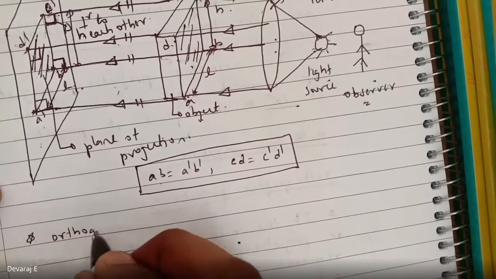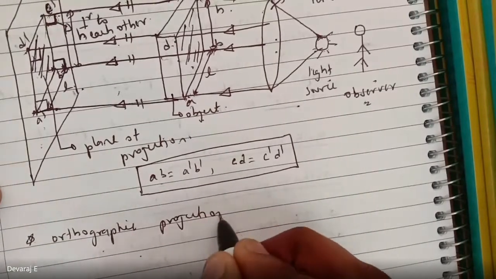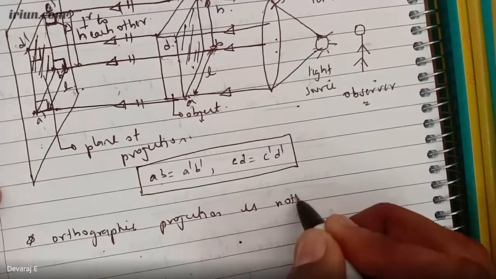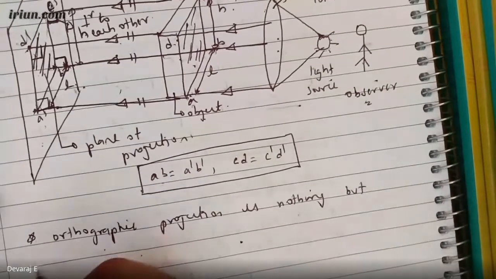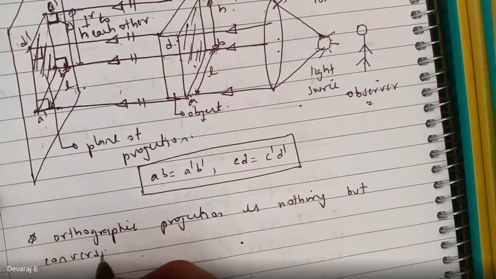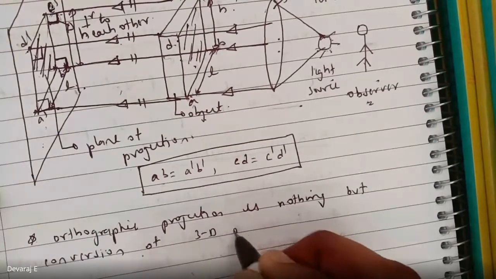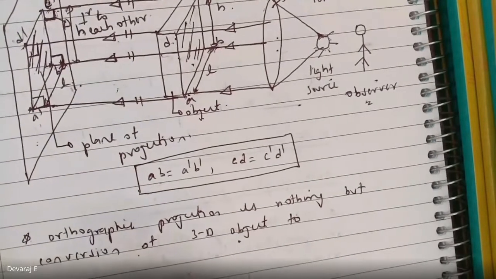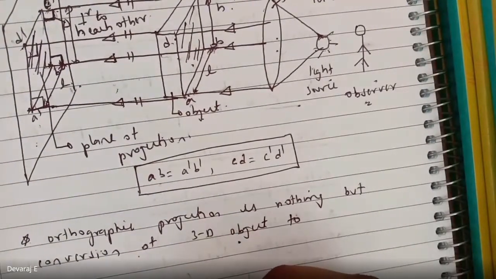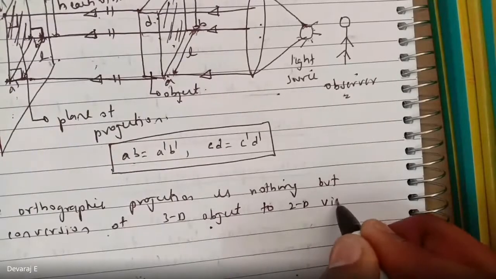Orthographic projection is nothing but the conversion of a 3D object to what, students? A 3D object to 2D views.